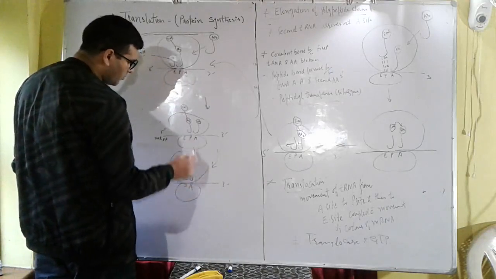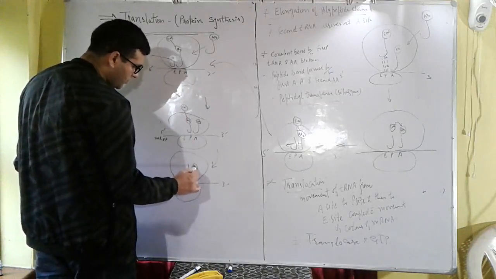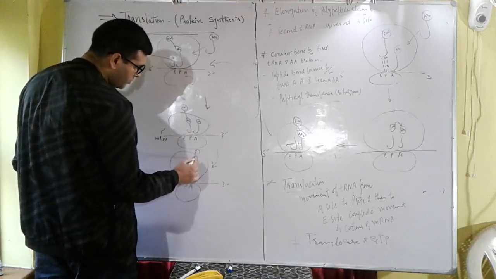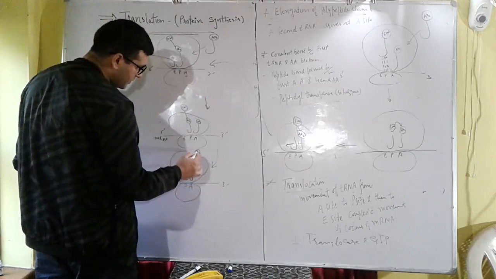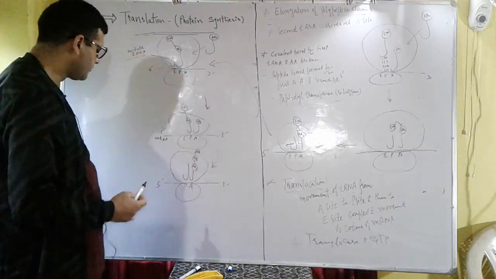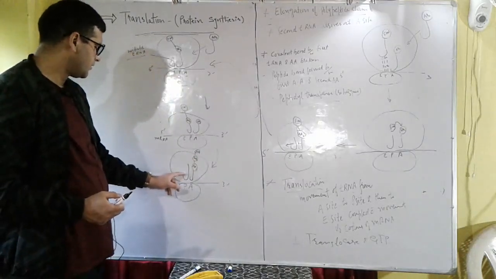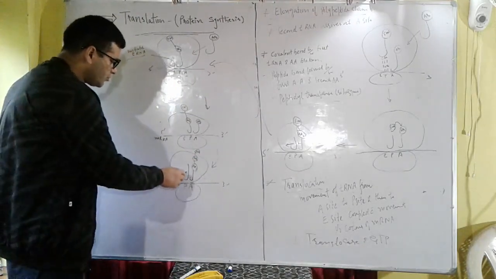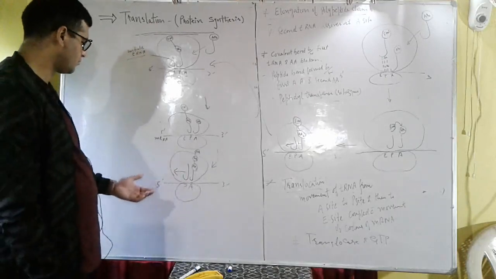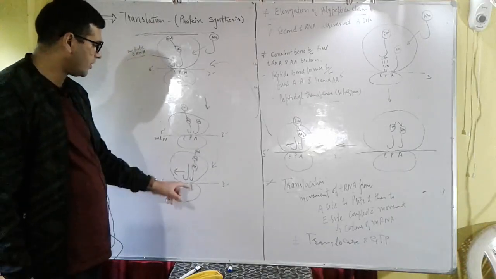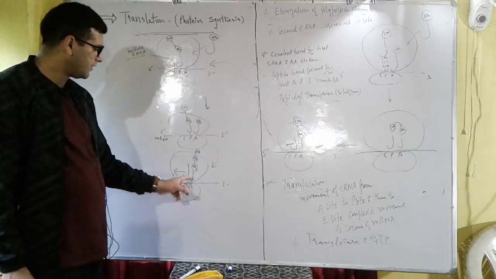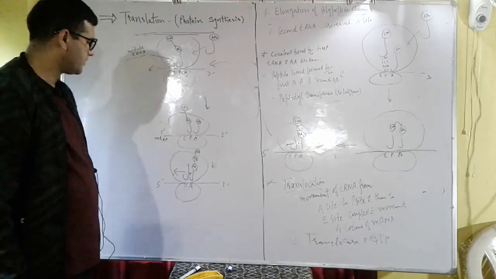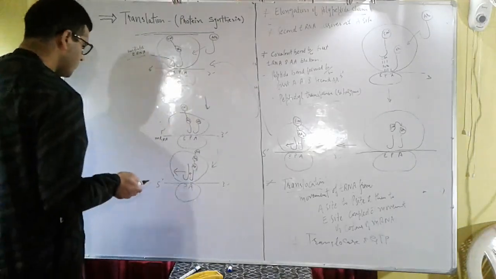So the bond with the tRNA is broken. This is amino acid third. So second amino acid, first amino acid. This is amino acid second. This is amino acid first. So this uncharged tRNA, that is tRNA without any amino acid, moves to the E site and then slips away from the ribosome. This tRNA having the 3 amino acids at the A site is being shifted from A site to P site. In this way the polypeptide chain grows.